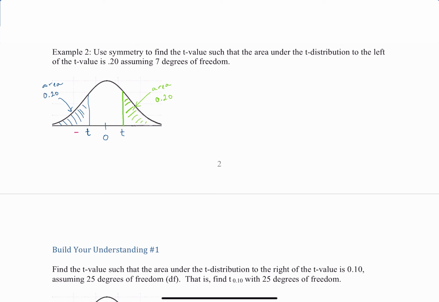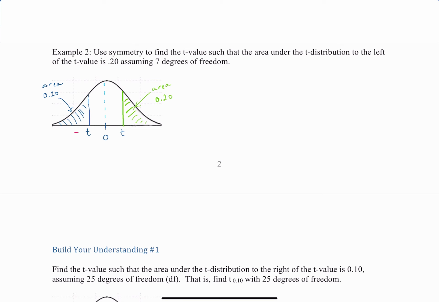So if I find the t-value that has area 0.20 to the right, then the negative of that t-value will give me the t-value that has that area to the left. And again, that's because of symmetry, because of the fact that this curve is balanced, symmetric, exactly the same on both sides of that midline, and that midline is at 0.